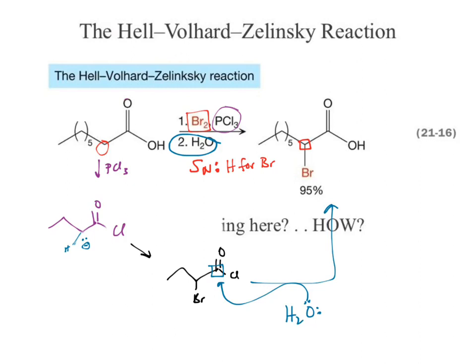That's the Hell-Volhard-Zelinsky reaction, which, for no other reason than it's fun to say, is why I would say it. Okay? Kind of makes sense? So focus on the chemistry, see what happens, address those pieces, and just kind of move your way through.